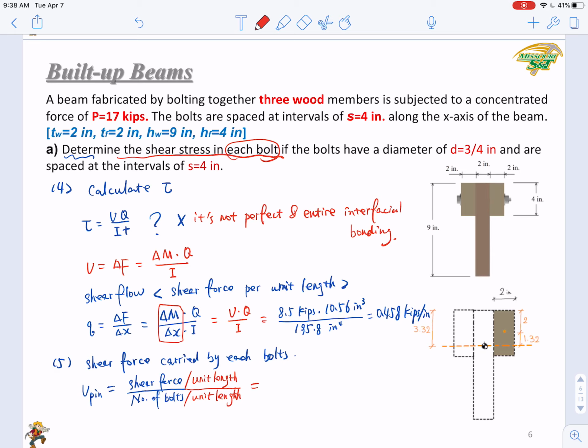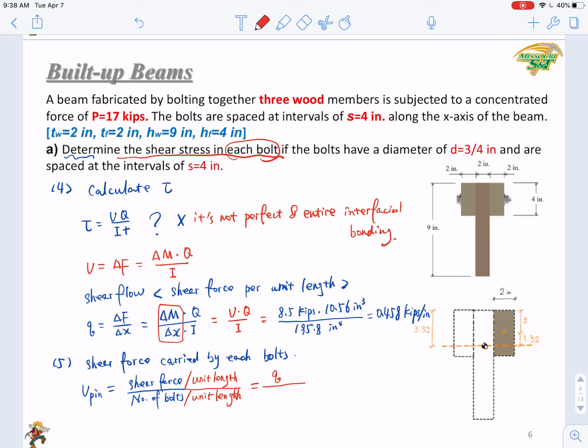So here let's look at what is the shear force per unit length. That is q, the shear flow. And what is the number of bolts per unit length? How do we calculate that?